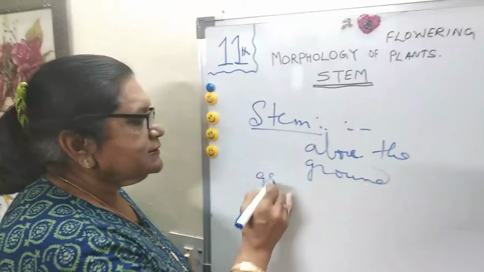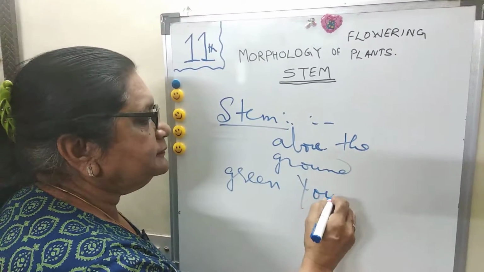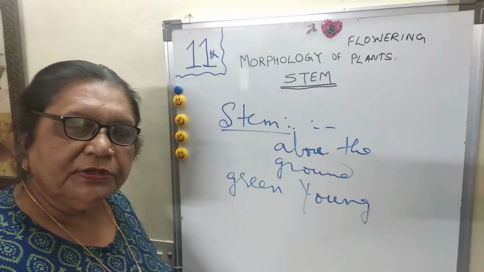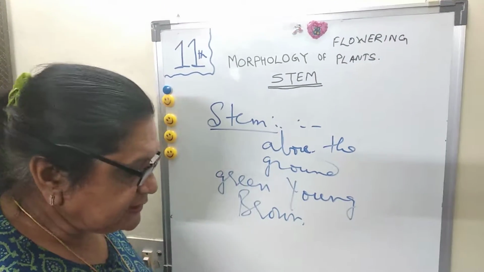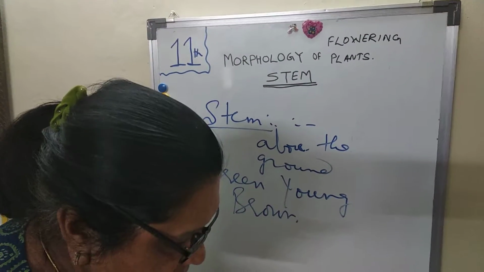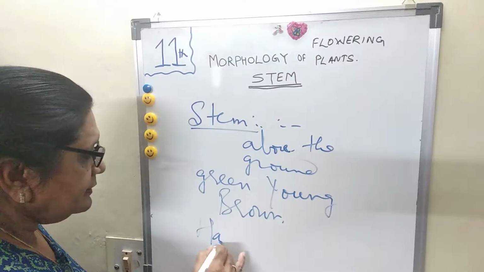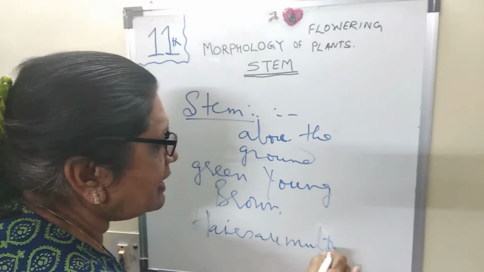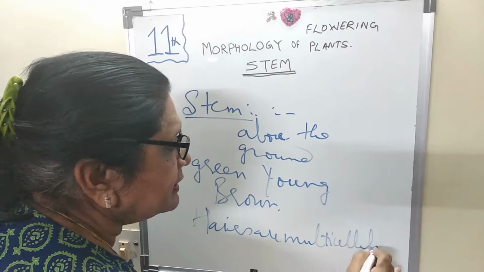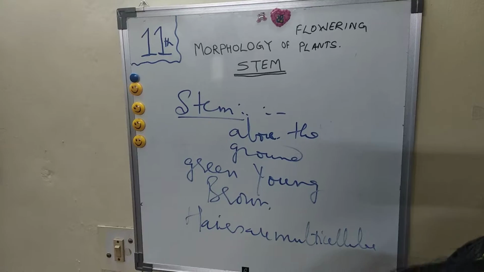It is green when it is young, but when mature or adult it becomes brown. Next feature, they also have hairs, and the hairs are multicellular. They are present on the stem.